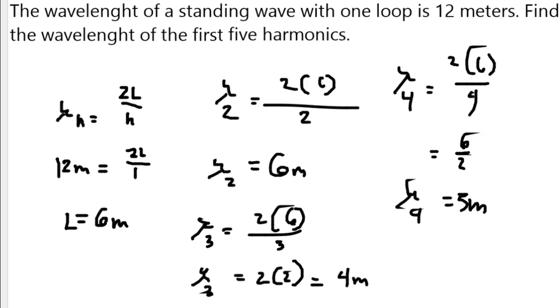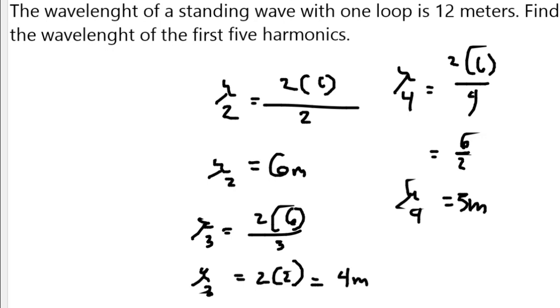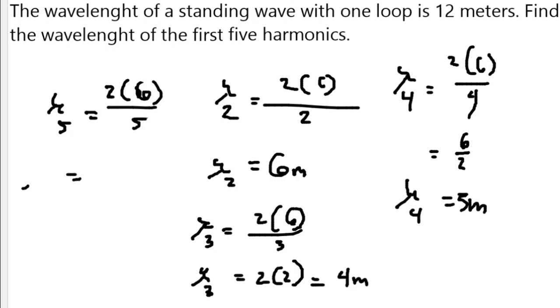Now let's calculate the fifth one, so the last one. We can see here that the increase in harmonics will reduce the wavelength, which is actually observed when we see a string that is oscillating up and down. So 2 times 6 is 12. Let's just leave it like this.